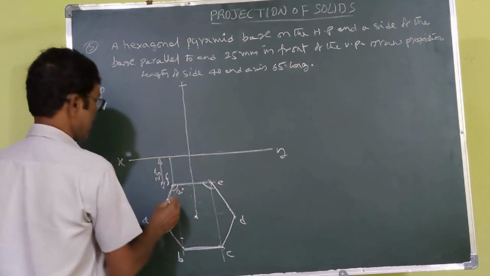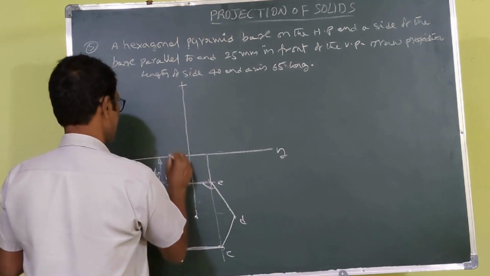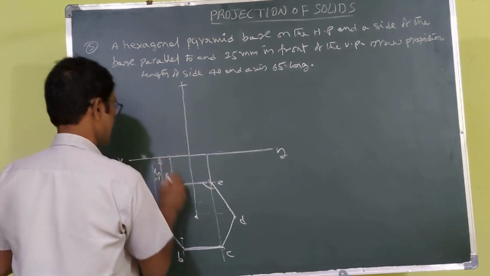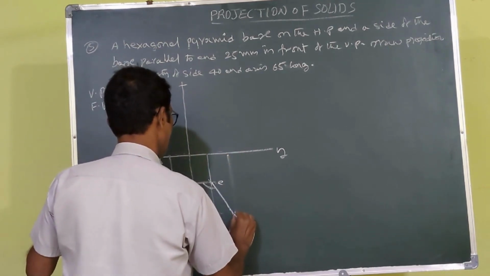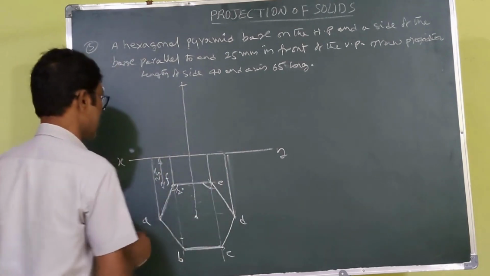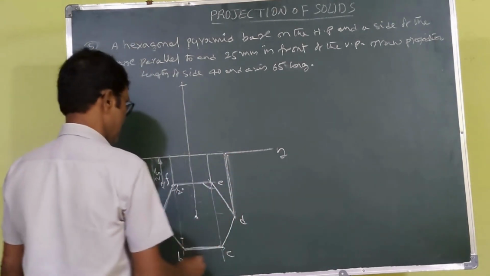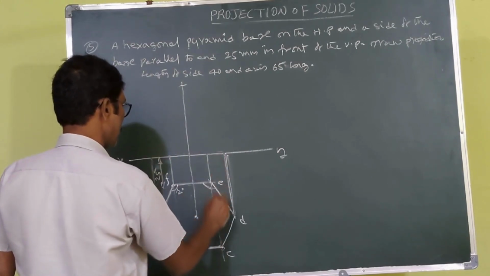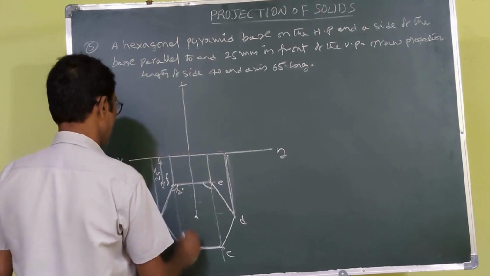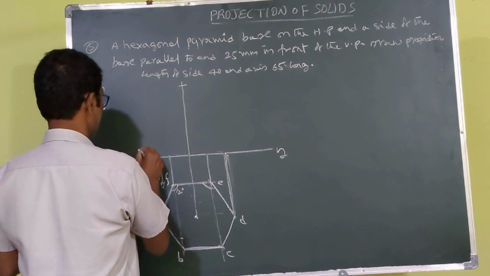Let us see here. Next, from here you draw the projectors like this. So these both are in the same line, because this is parallel, they both are in the same line. So the name is A dash.